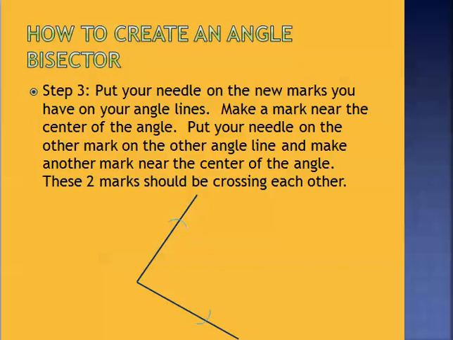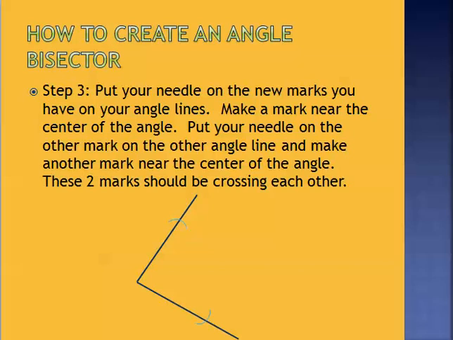Now, step 3, you want to put your needle on the new marks you have on your angle lines. So on each of those two light blue curved lines, you want to put your needle point on that to begin with, and then you would make a mark near the center of the angle. You put the needle on the other mark of the other angle line and make another mark near the center of the angle.